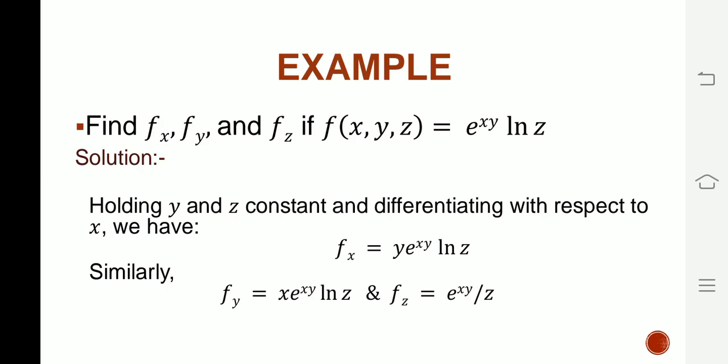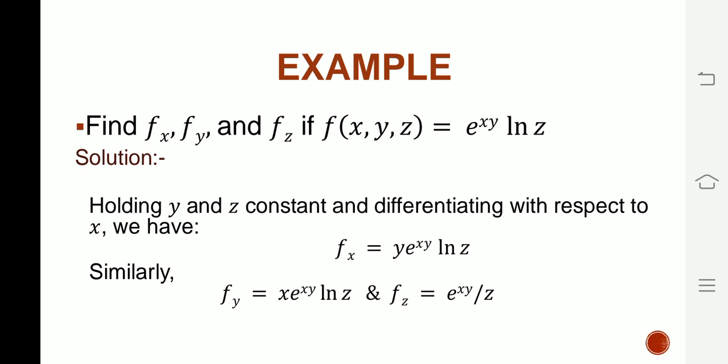For example, find fx, fy and fz if f(x, y, z) is equal to e raised to xy ln of z. For finding the derivative with respect to x, that is fx, we are treating y and z as constants and take the derivative of f with respect to x. We know the derivative of e raised to x is e raised to x, that means e raised to xy.